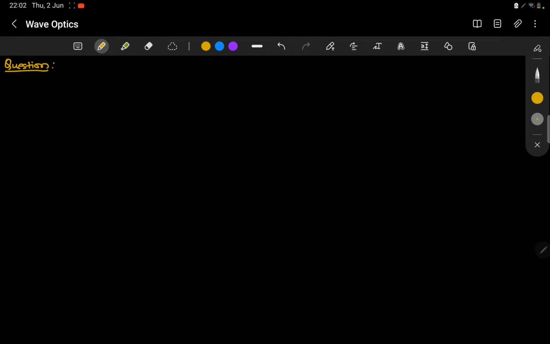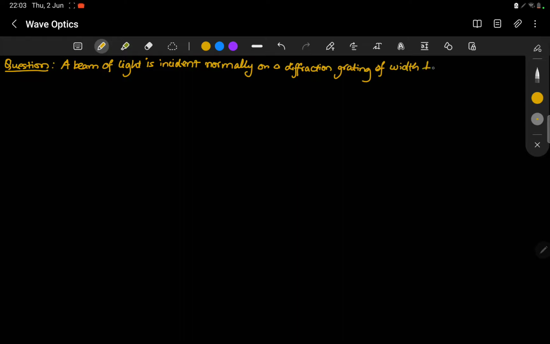So the question says, a beam of light is incident normally on a diffraction grating of width 1 centimeter.